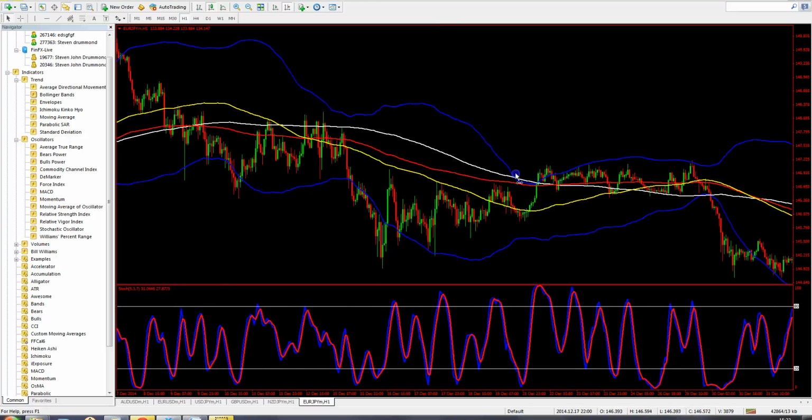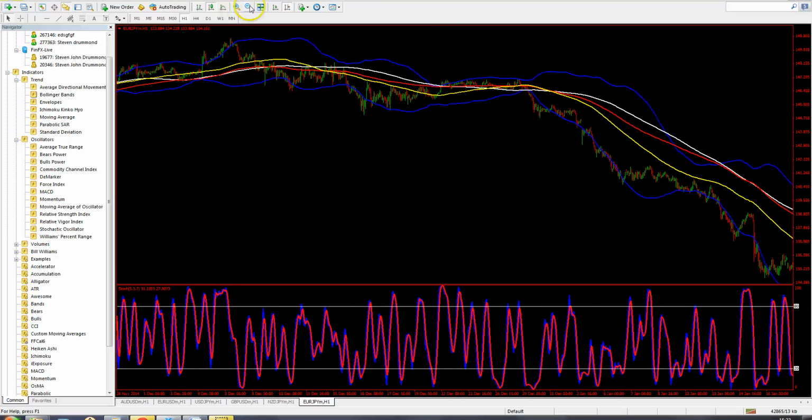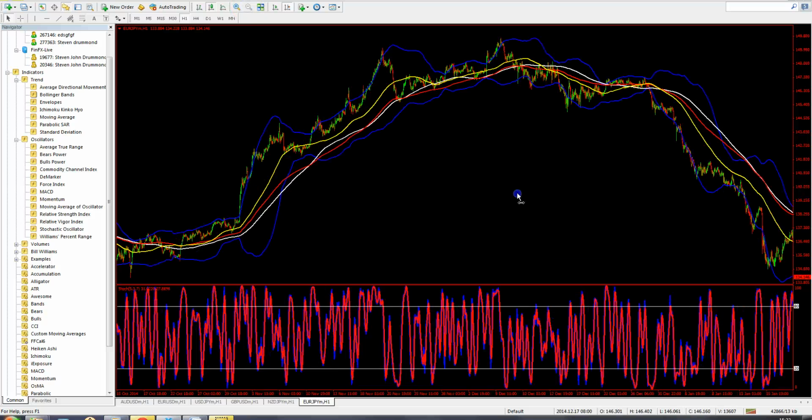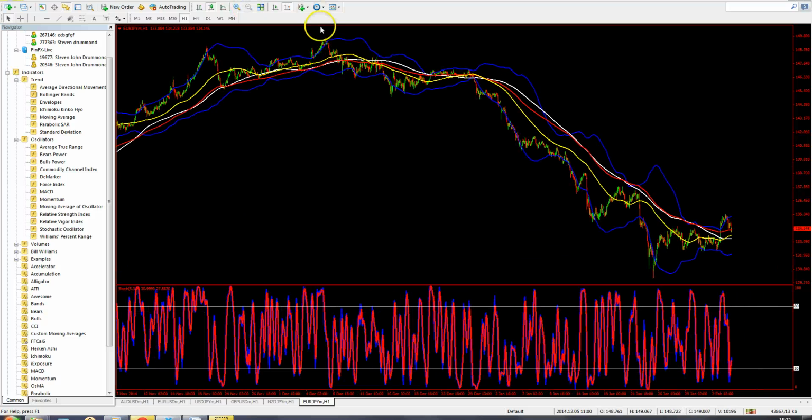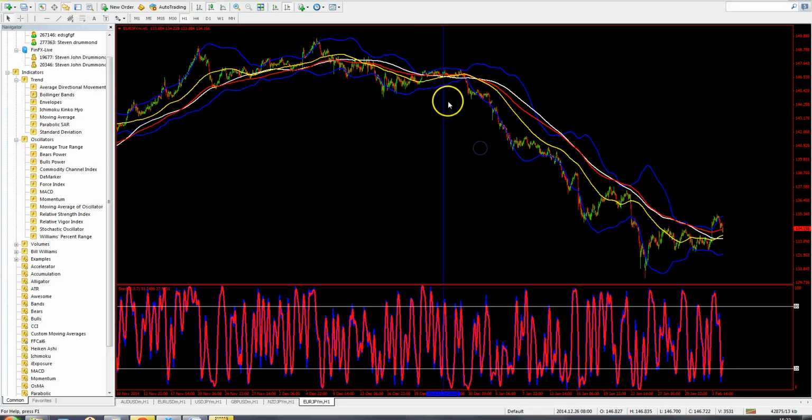So there was the top of that move on the daily chart, so let's just mark that there. Let's just say it took a few more days before the moving average got out of the range, so you knew you were selling all the way here.